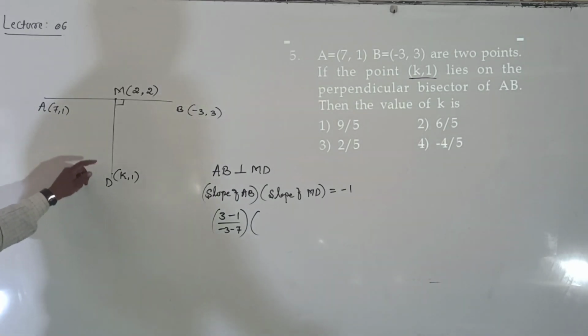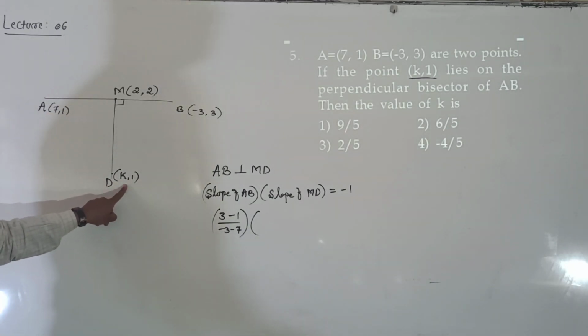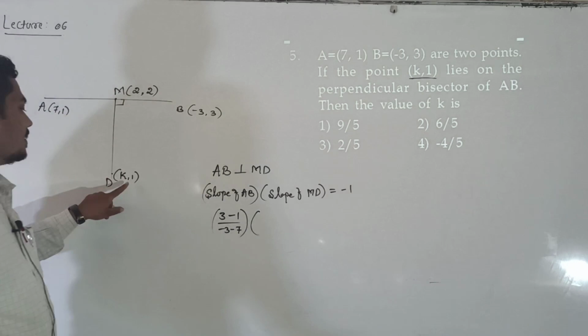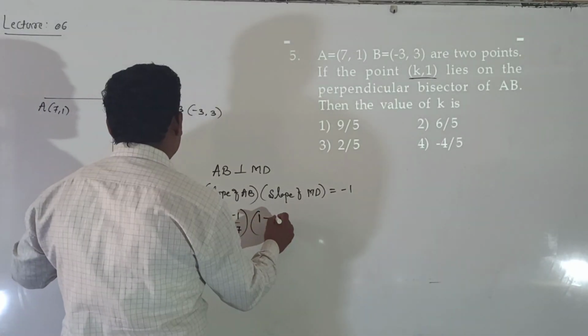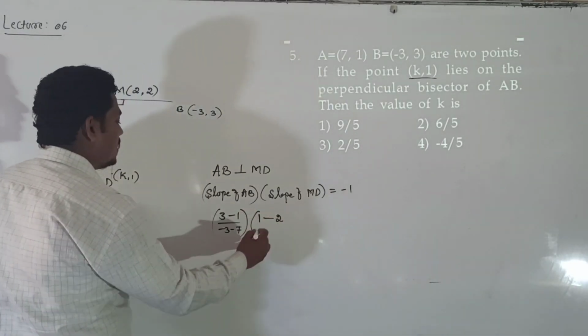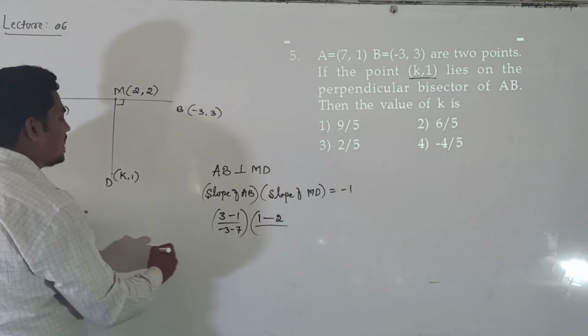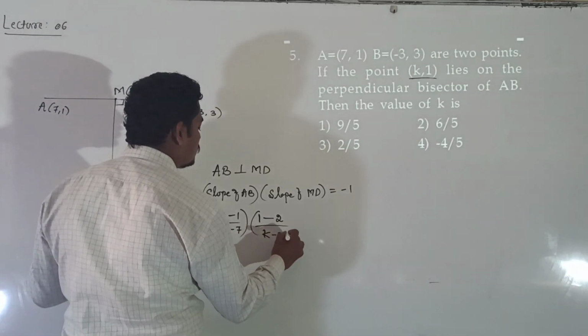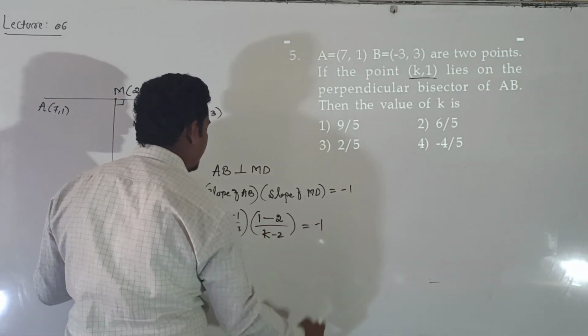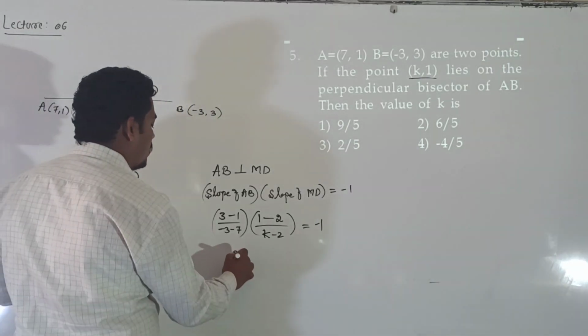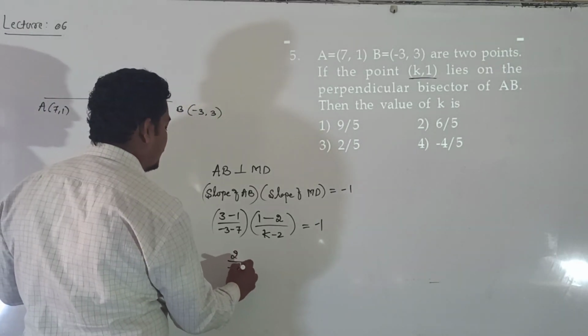Again the 2-point formula. MD means it is x2 y2, x1 y1. 1 minus 2 divided by k minus 2, that's equal to minus 1. Now 2 divided by minus 10, right?